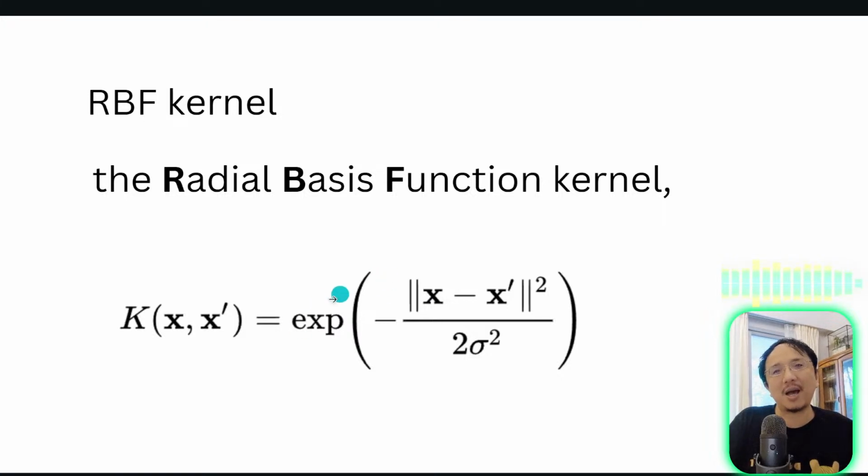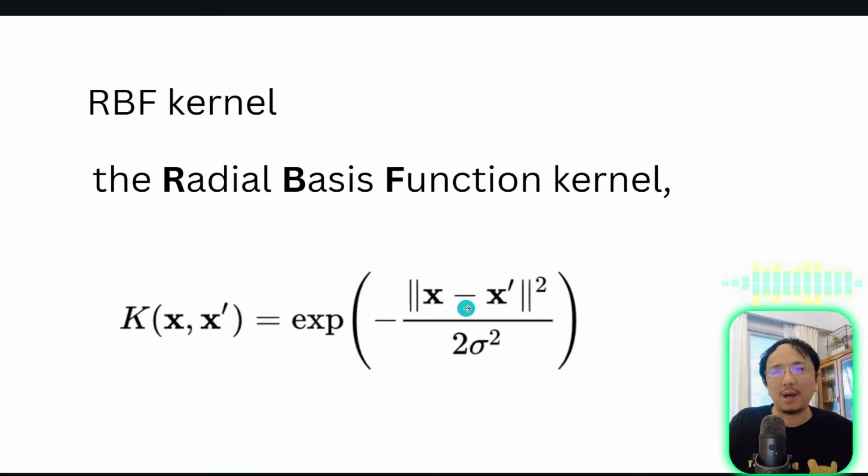If you don't have this square and you don't have this exponential, in fact, if you only have the inner product between x and x prime, then it will become the original space.